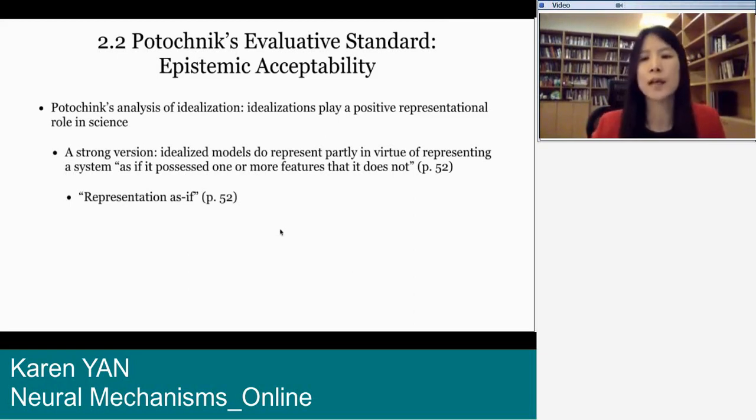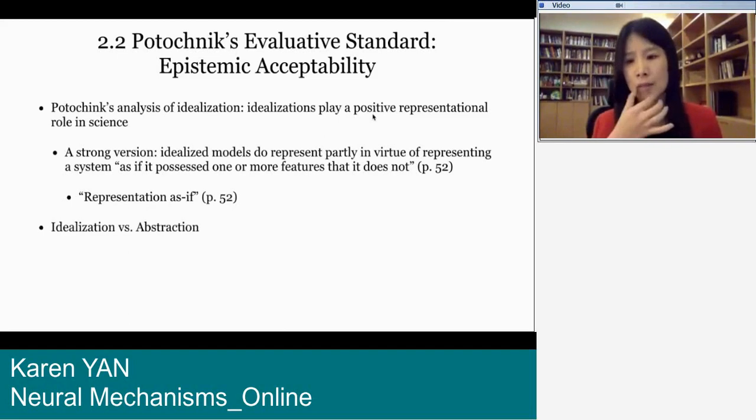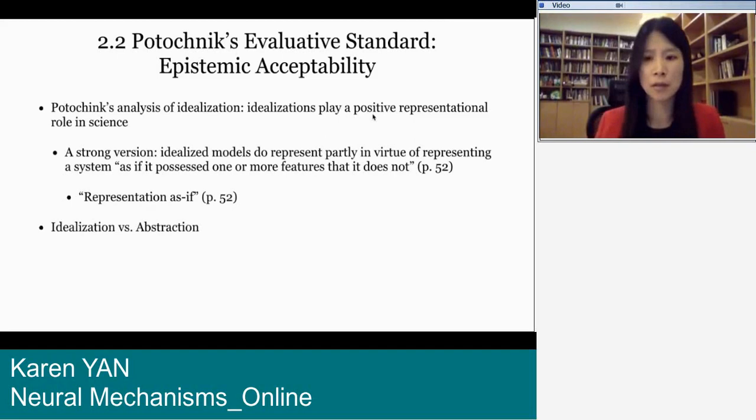And the important thing is that if you think idealization's role is just eliminating irrelevant features from the model, it sounds awfully like abstraction. But in Potochnik's account, because she assigned this specific representation role to idealization, she's actually able to make a clear distinction between idealization and abstraction.